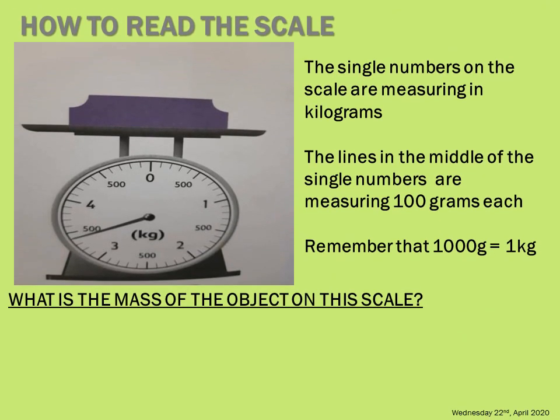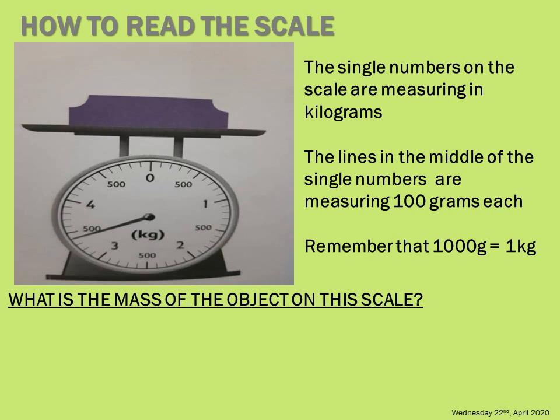Now let's look at how to read the scale. I know you remember this very well, where we talked about how to read the numbers on the scale. Now look at this scale. The numbers that you see on the scale are measuring in kilograms. Can you see that the scale is even writing kg? It means that it is measuring in kilograms. Okay? Now, these single numbers you see, take a look at the scale.